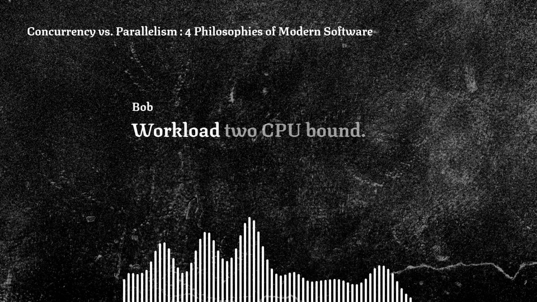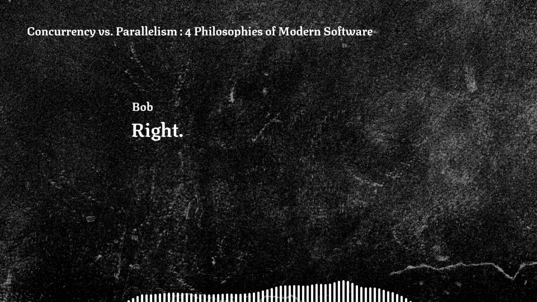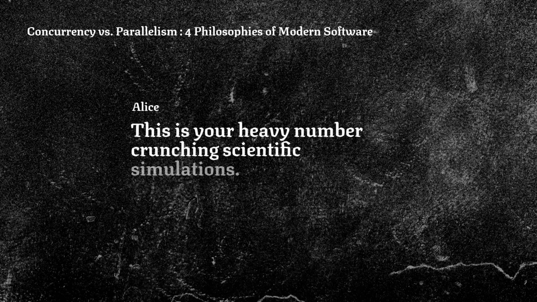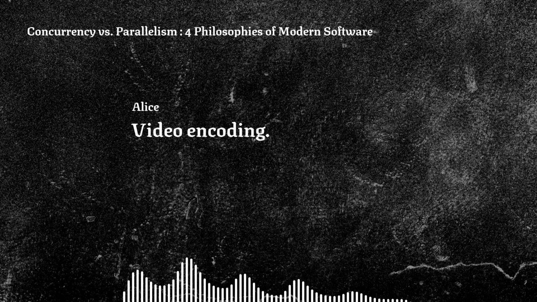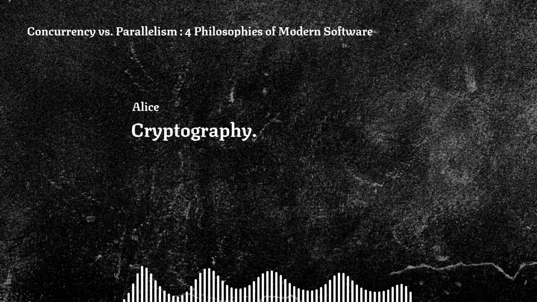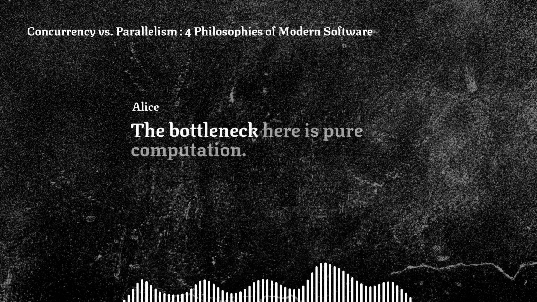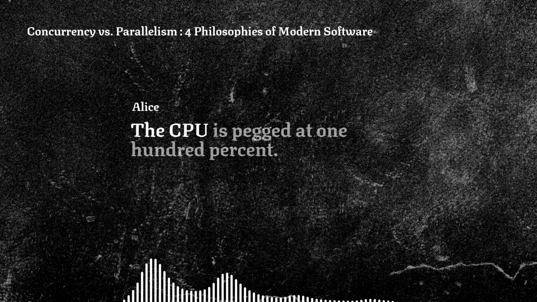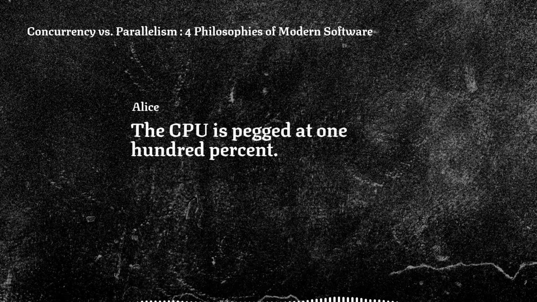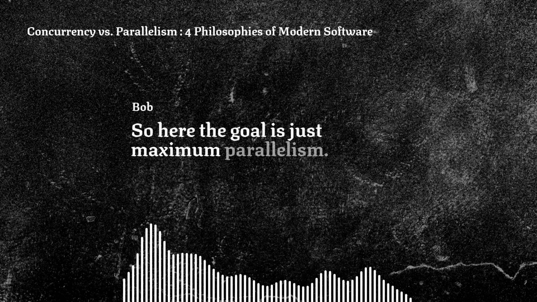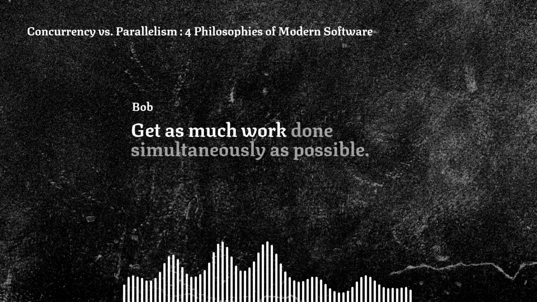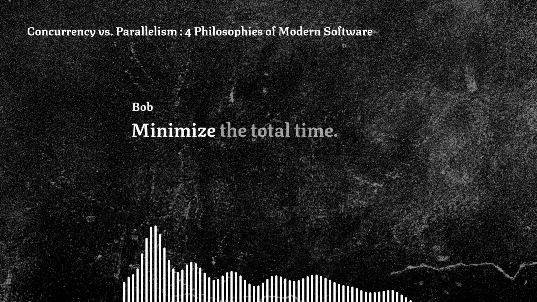Okay. Let's flip it. Workload 2, CPU-bound. Right. This is your heavy number crunching: scientific simulations, video encoding, complex data analysis, cryptography. The bottleneck here is pure computation. The CPU is pegged at 100%. So here, the goal is just maximum parallelism. Get as much work done simultaneously as possible, minimize the total time.